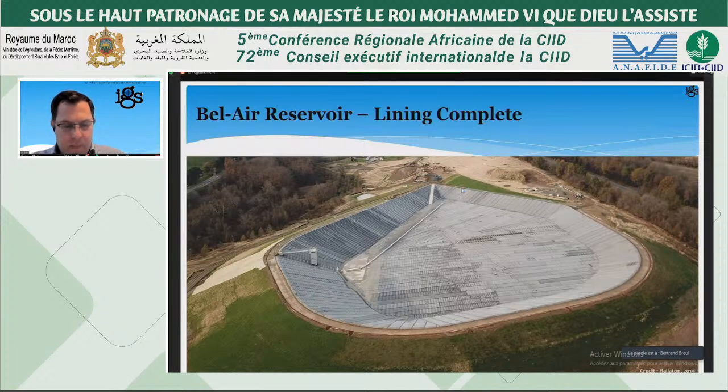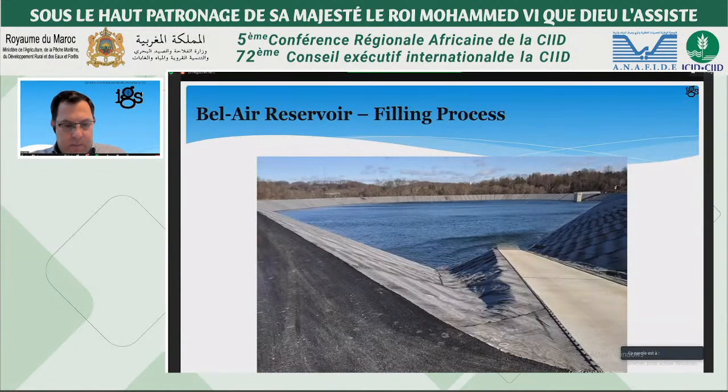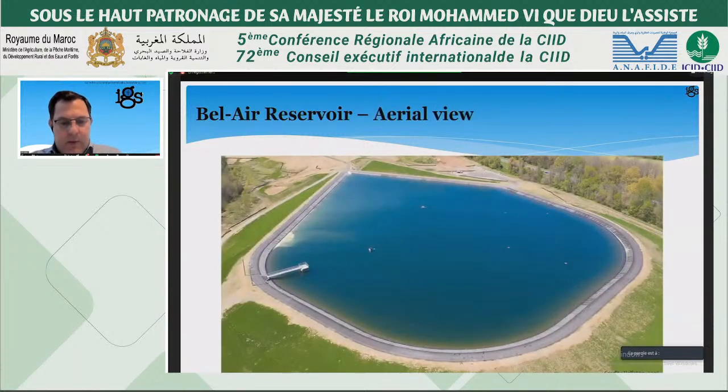So they choose a BGM finally, after all this research. So the one of the advantage was the UV resistance, and they were able to leave the liner exposed, and the savings for the owner was about $500,000. And the photos here show the final appearance of the Bellaire Reservoir in operation.